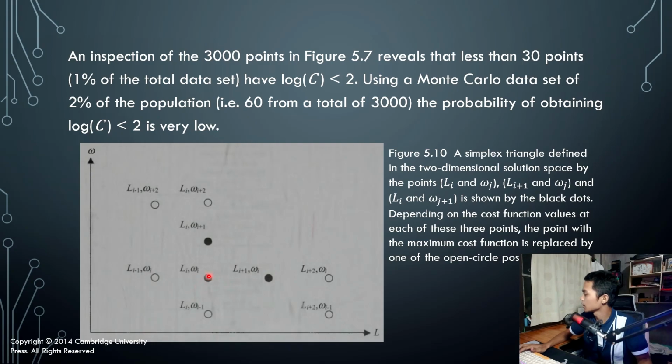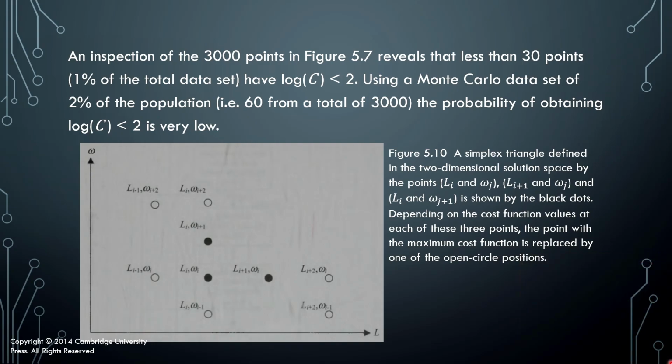This is L sub i, omega sub j. This is omega sub j plus 1. This is L sub i plus 1. Depending on the cost function values at each of these 3 points, the point with the maximum cost function is replaced by one of the open circle positions.